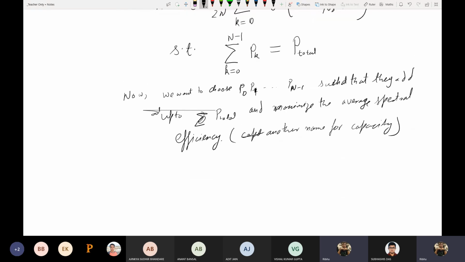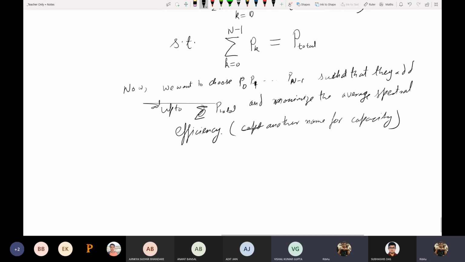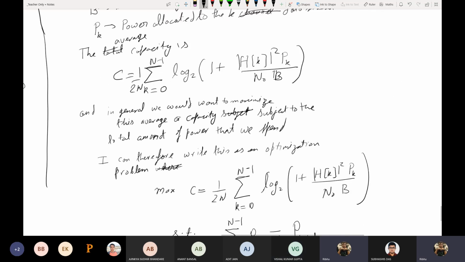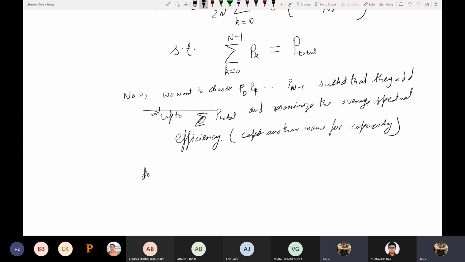So how do we solve these kinds of problems? Lagrange multipliers. We'll define J equals C plus lambda times the summation over k equal to 0 to n minus 1 of pk.